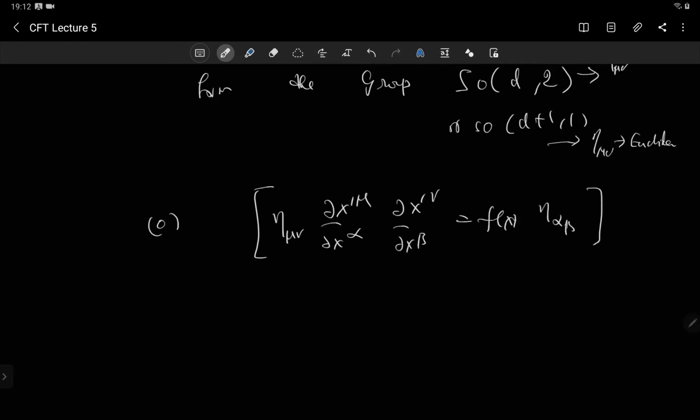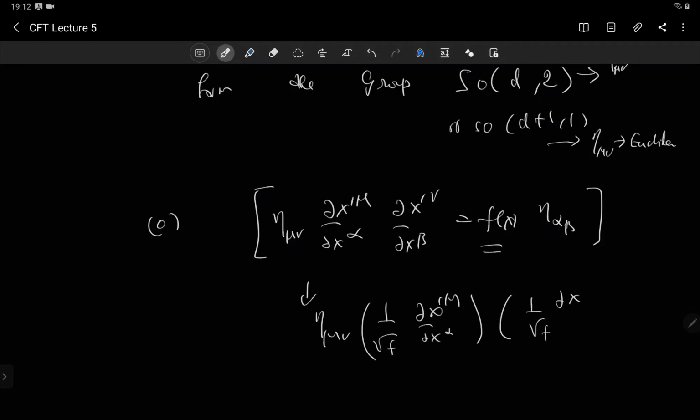And because f of x is positive, I can rewrite this as eta mu nu 1 by square root of f times del x prime mu del x alpha times 1 by square root of f del x prime mu del x beta equal to eta alpha beta.